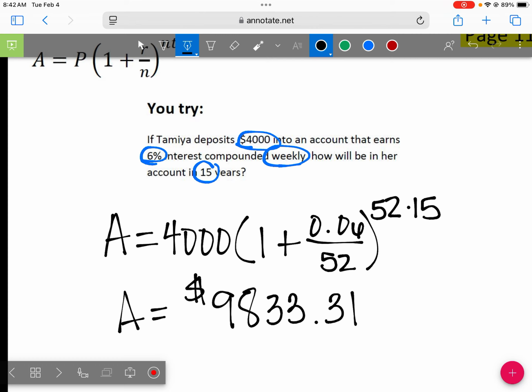Okay, looks good. Not bad. I think y'all learned something today. Go ahead and check your answers. Make sure you agree. And then take out homework 2.